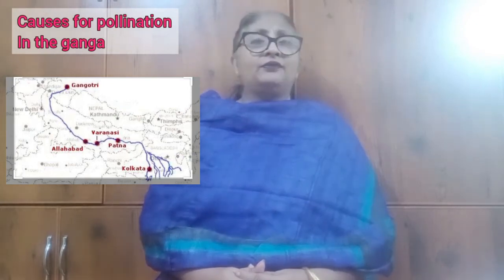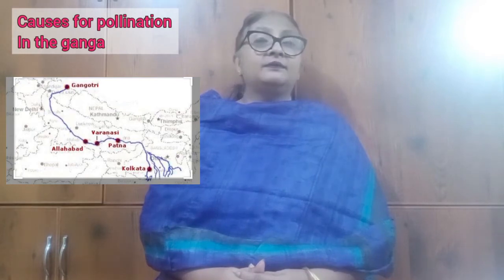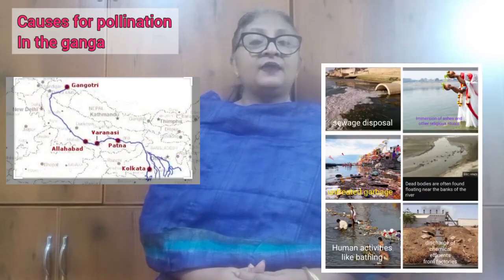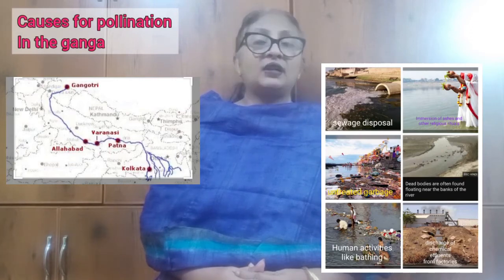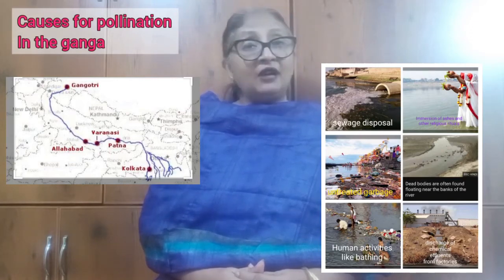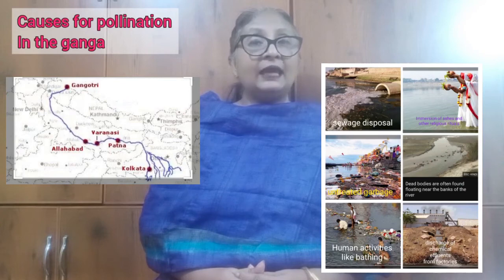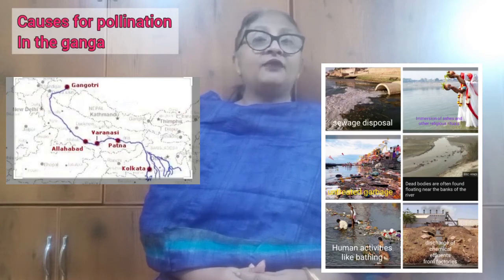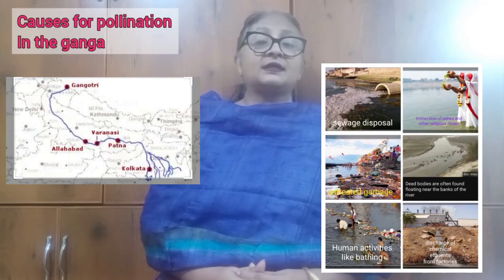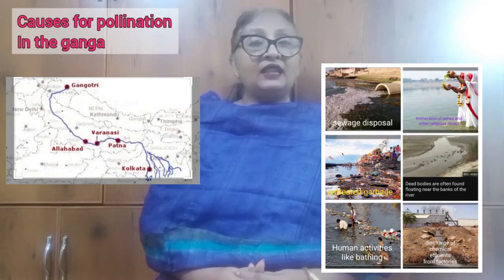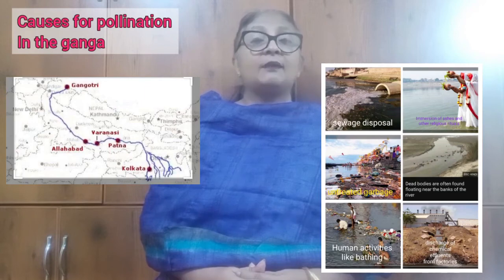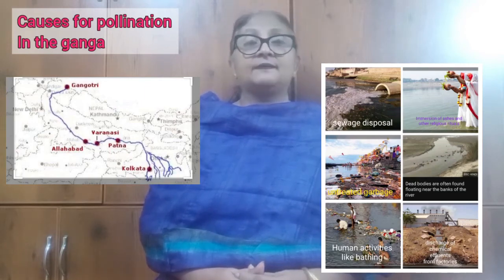A lot of untreated garbage, sewage and excreta is added into these waters. Apart from this, human activities such as washing, cleaning, bathing, immersion of ashes and throwing of unburnt corpses have further increased the pollution of the Ganga waters.